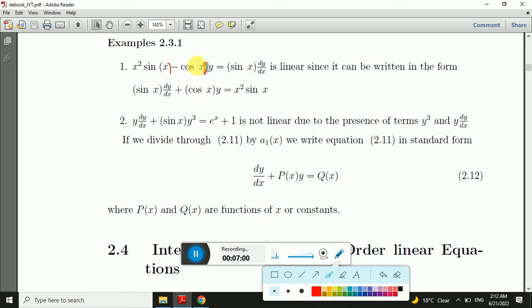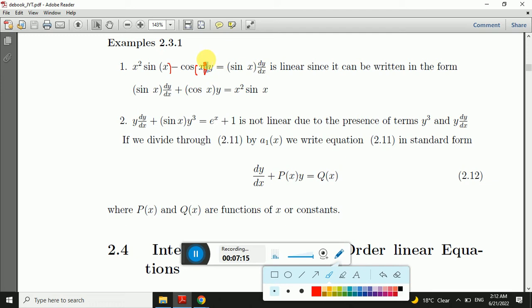Yeah, such that you have x squared sine of x minus cos x y equaling sine of x dy dx.